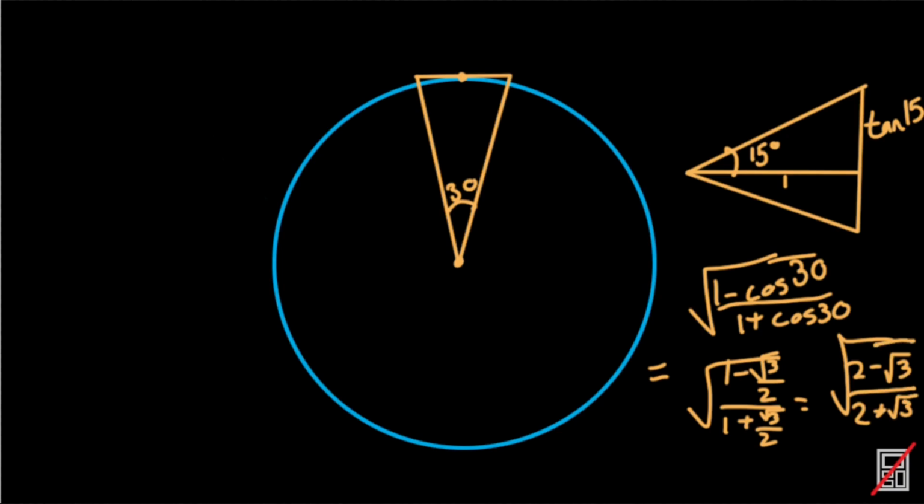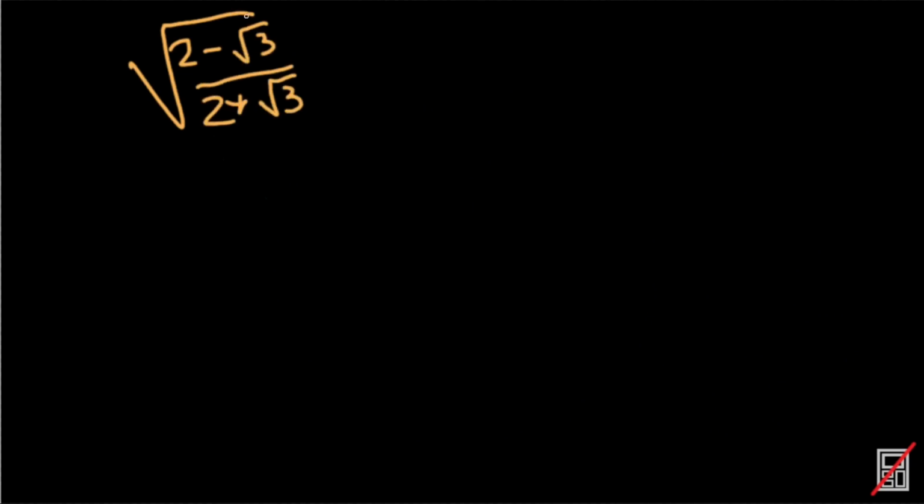Now, using that, we can work with this and simplify it down a bit so that we can calculate it. And this is by multiplying the top and bottom by 2 plus root 3.